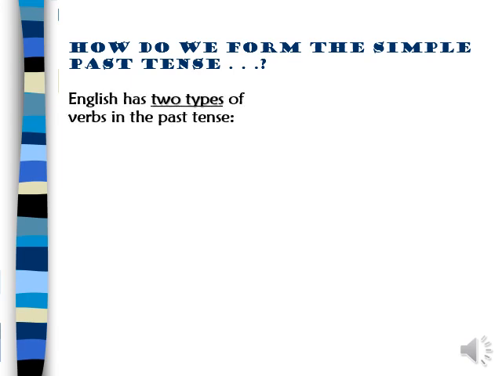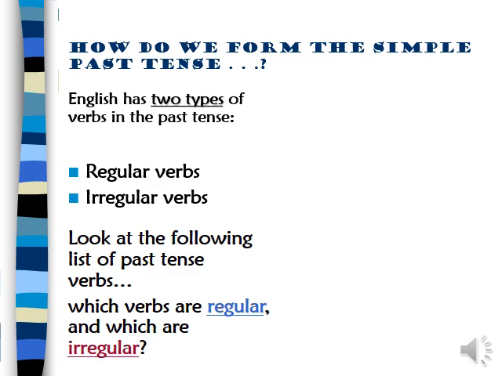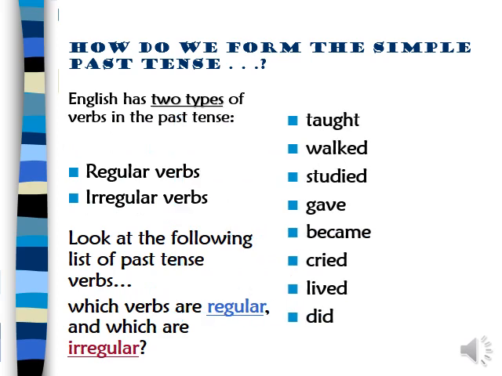English has two types of verbs in the past tense: regular verbs and irregular verbs. Look at the following list of past tense verbs. Which verbs are regular and which are irregular? Taught. Excellent, irregular.